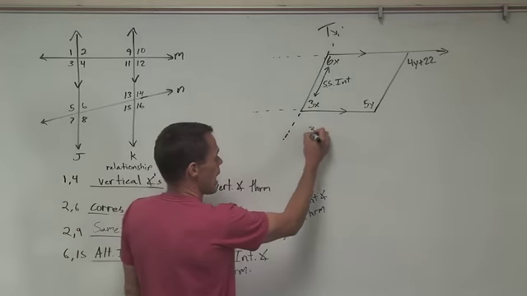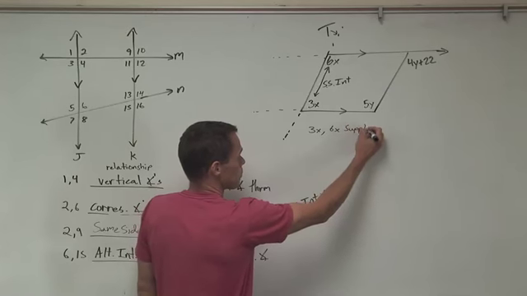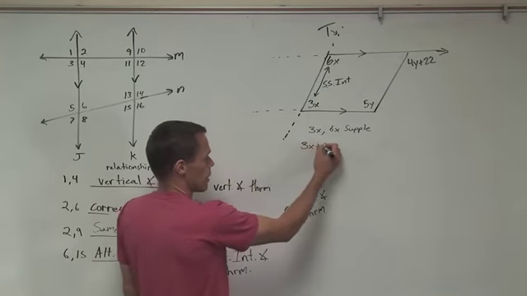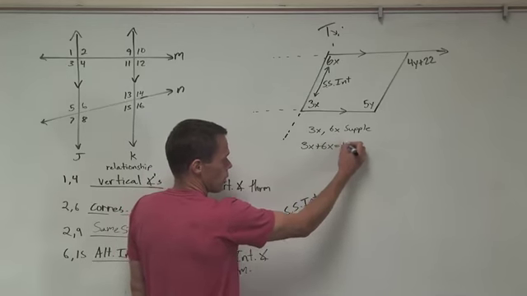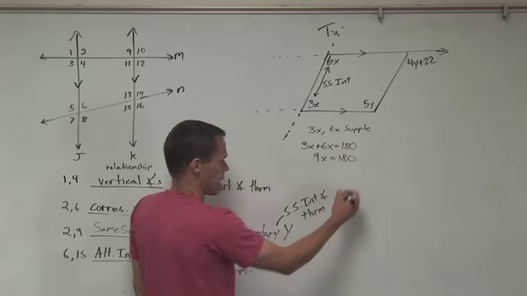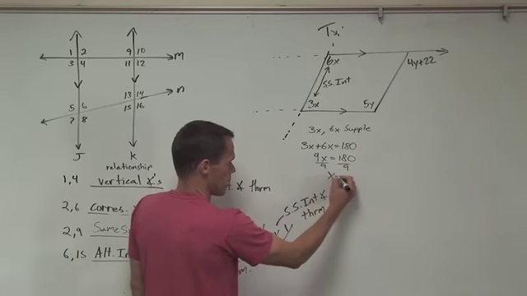Therefore, 3x and 6x are supplementary. So we can say 3x plus 6x is equal to 180. 9x is equal to 180 when we combine the like terms. We divide by 9 and we end up with x is equal to 20.